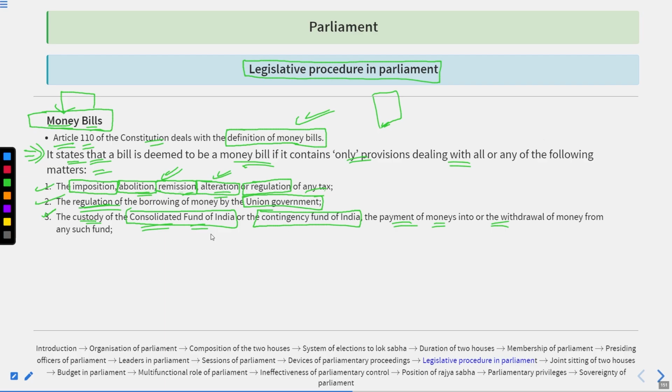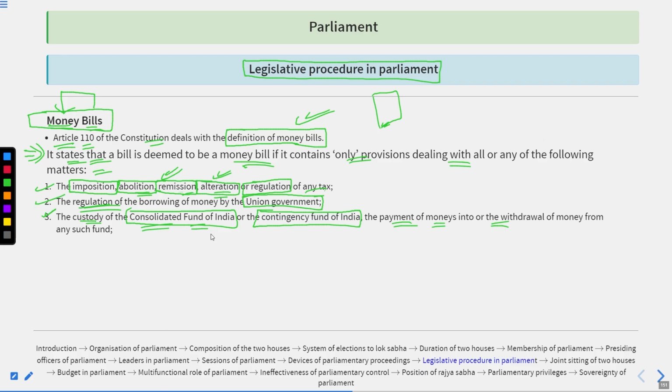Whenever you spend the money, from where will the money get deducted? From your bank account. Whenever you receive some money, where will the money go? In your bank account. It means that the Consolidated Fund of India is like a bank account of the government. Whatever the government does, everything is charged on the Consolidated Fund of India.